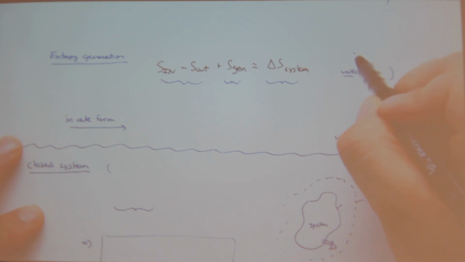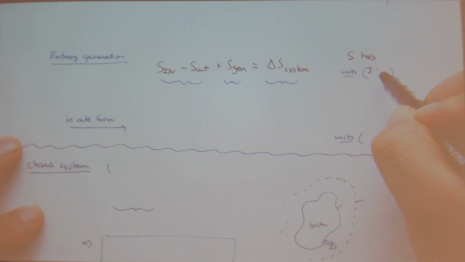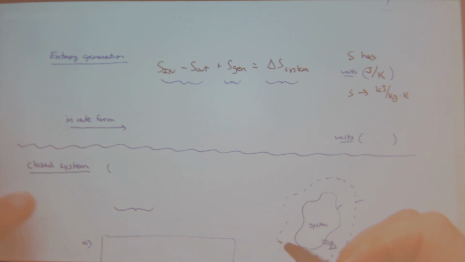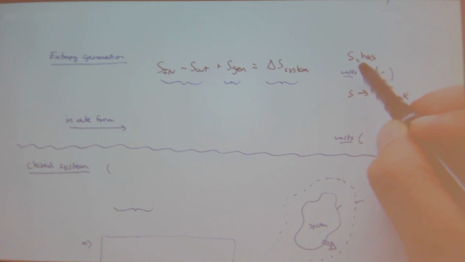Remember, S has units of energy per temperature, joules per Kelvin. In the back of the book, small s is typically written as kilojoules per kilogram per Kelvin. So this is entropy per unit mass, this is big S.